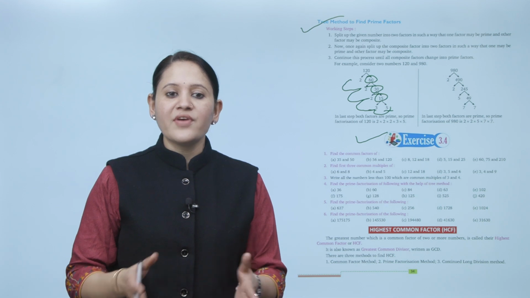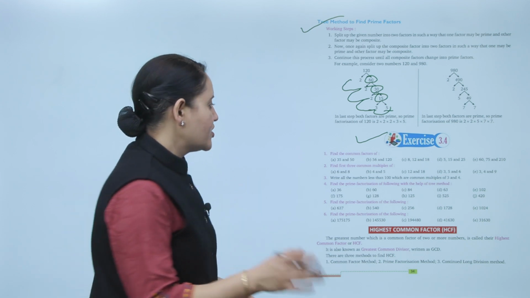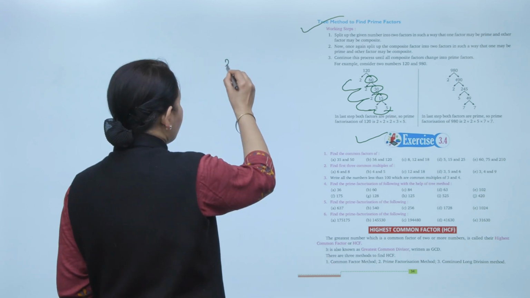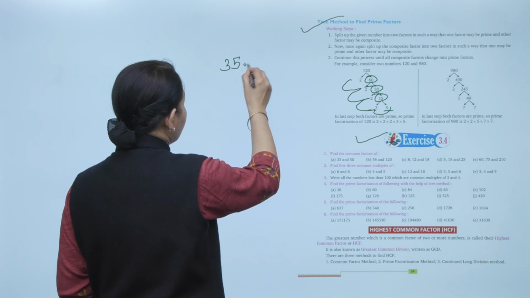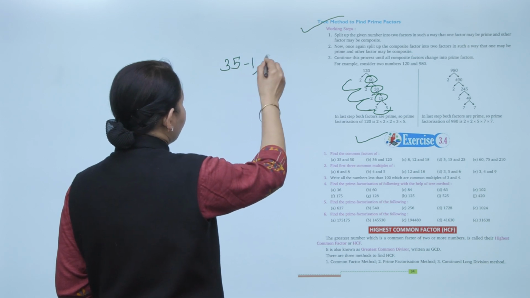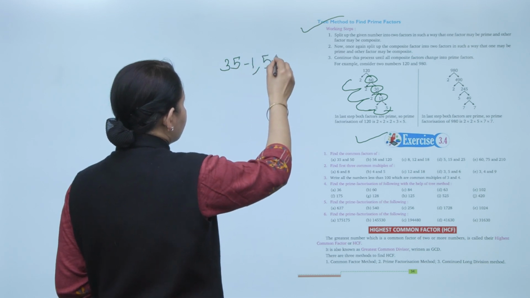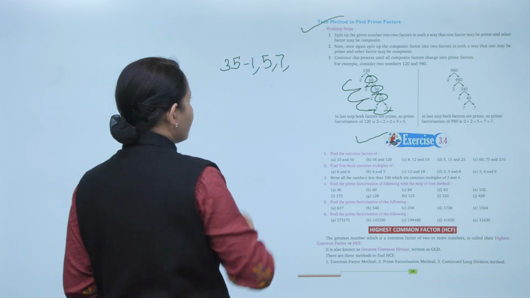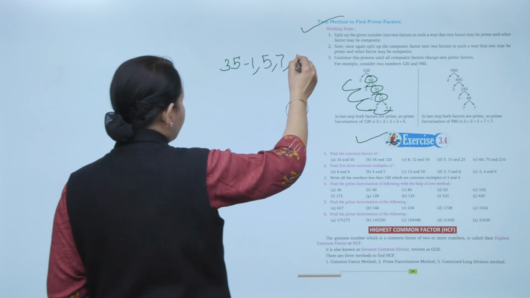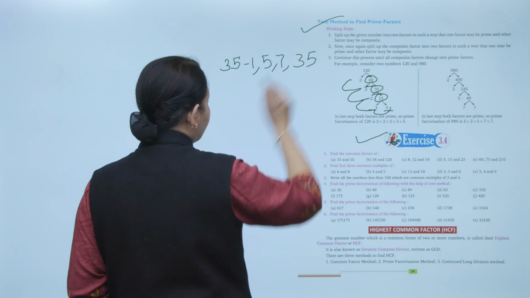Find the common factors of 35 and 50. So first we will write the factors of 35, that is 1, 5, 7 and 35.